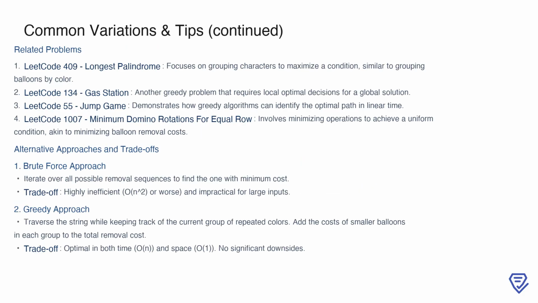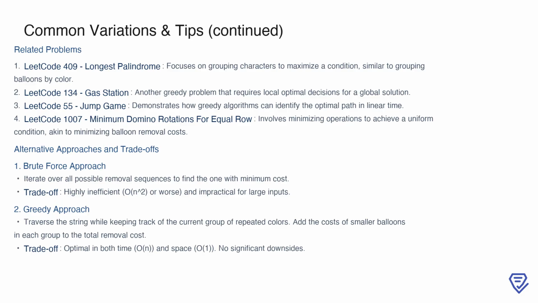To deepen your understanding, it's helpful to look at related problems. For instance, LeetCode 409, Longest Palindrome, also focuses on grouping characters to achieve a certain condition, much like how we group balloons by color here. Another example is LeetCode 134, Gas Station, which is a greedy problem requiring local optimal decisions to achieve a global solution.